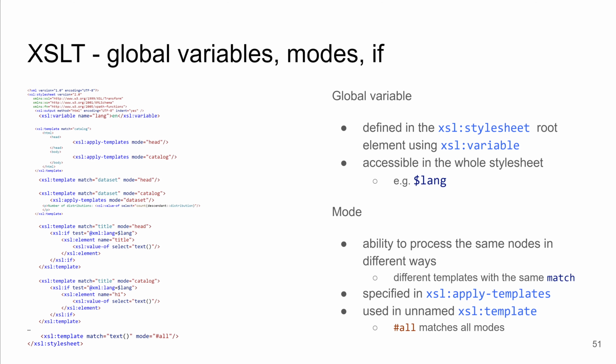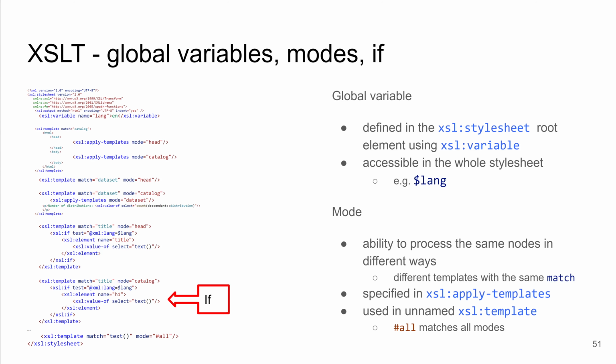And there I would output the title in the H2 element. So like this, I have rewritten the style sheet to produce the same, but using the modes construction. And if you ever need a template to match in all modes, there is the special syntax you can see at the very bottom of the slide, and that's the #all.